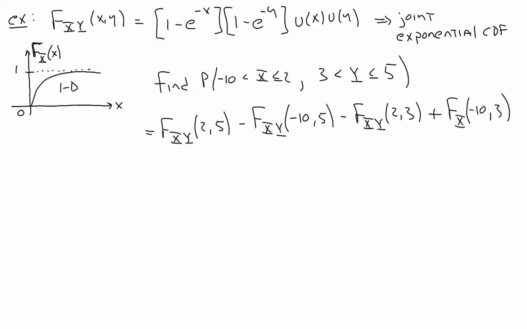All right. Now, notice, due to the step functions in my joint cumulative distribution function, it is impossible. My joint cumulative distribution function goes to 0 if x or y is less than 0.